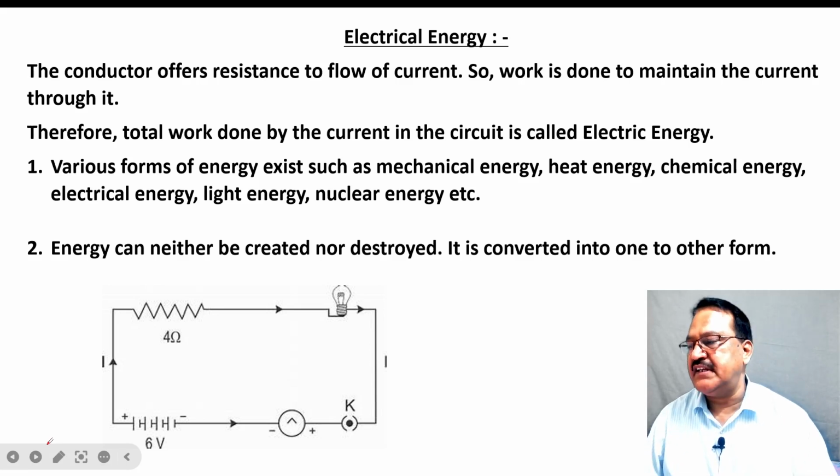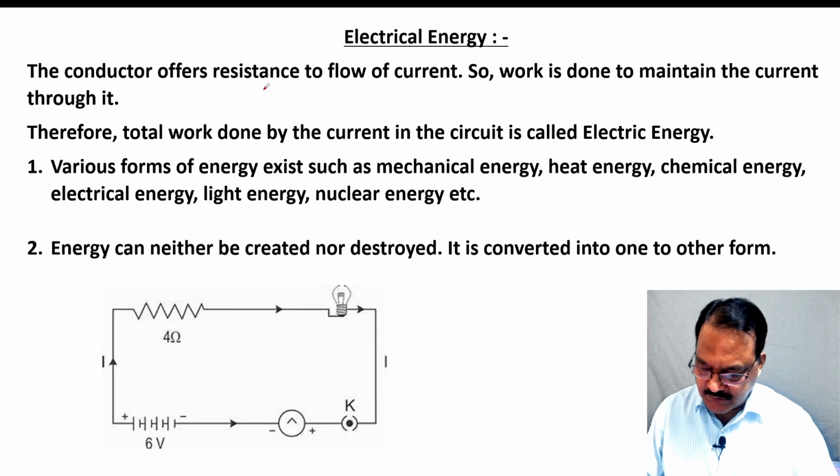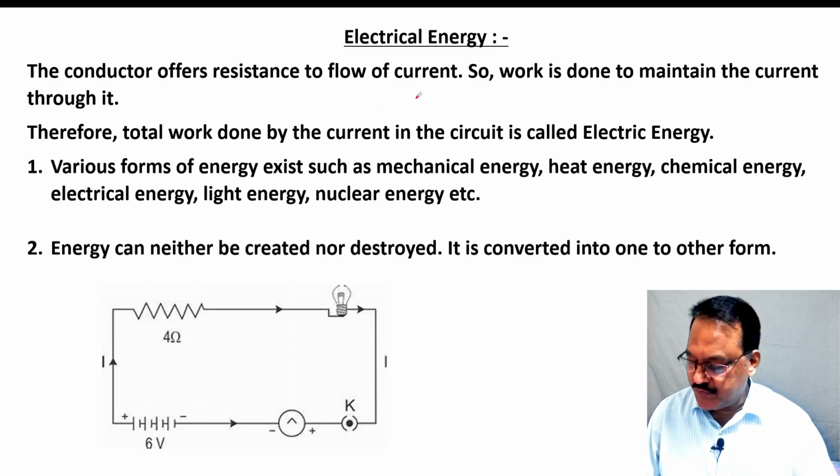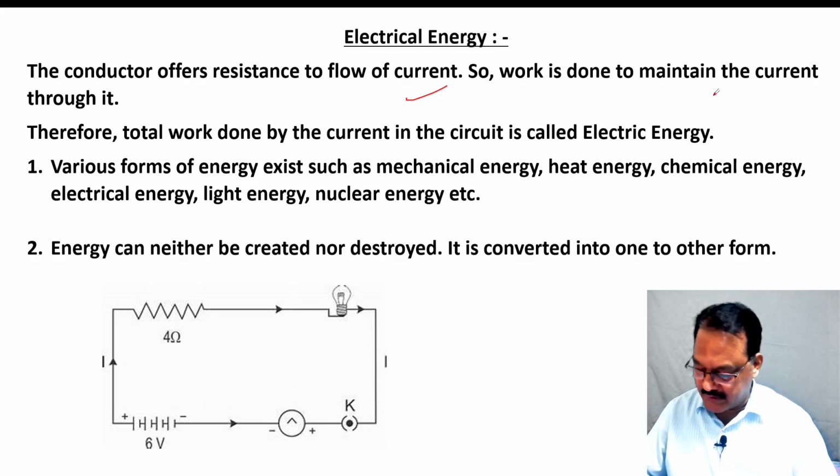First is electrical energy. What is electrical energy? Let us go through it. The conductor offers resistance to the flow of current, so work is done to maintain the current through it. What is this talking about? Let us suppose one circuit is given here.